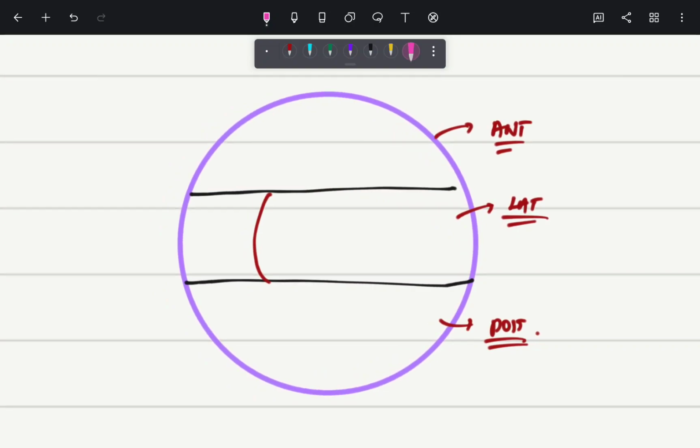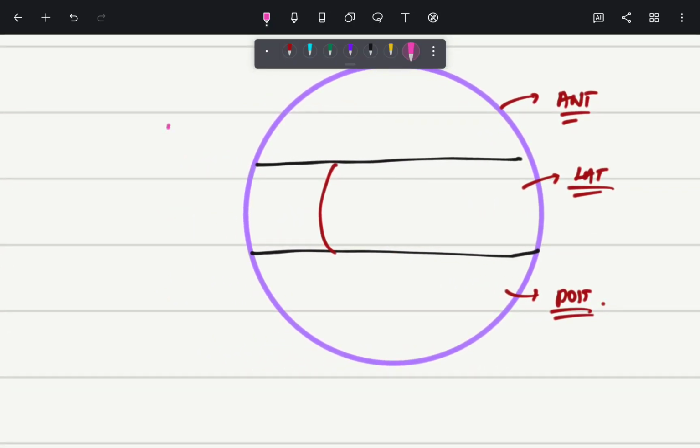Now we have to talk about the muscles present in the anterior, lateral and posterior compartments. But first I want to explain the nerve supplies. In the anterior compartment, it was your deep branch of your common peroneal nerve.